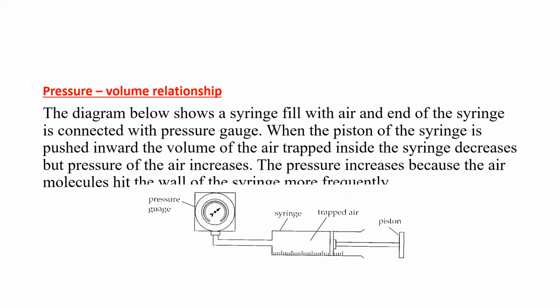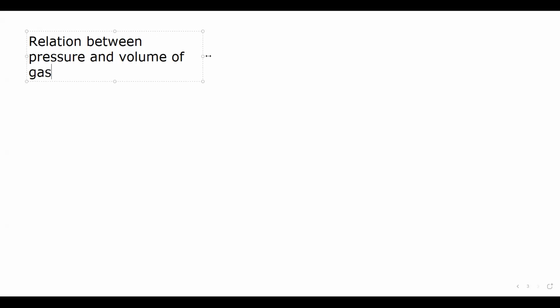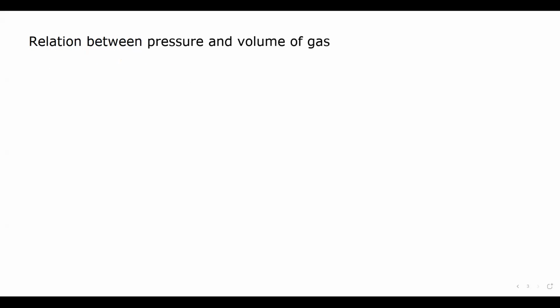Then the relation between pressure and volume for a gas, how can we relate the pressure and the volume? So how are the pressure and the volume of the gas related to each other? Example, I have two containers at the same temperature.